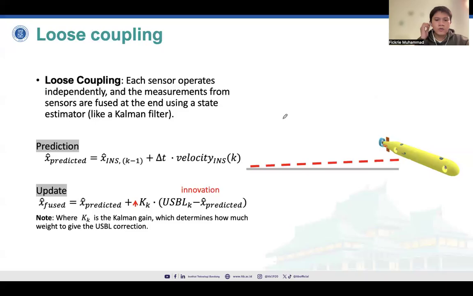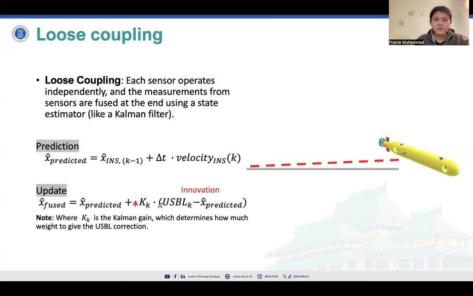And as we know, we'll also have the innovations. We'll have predictions from the INS, for example velocity, and then for the update, we'll incorporate the Kalman gain, where the Kalman gain, as we know, determines how much weight to give to the SPL corrections.